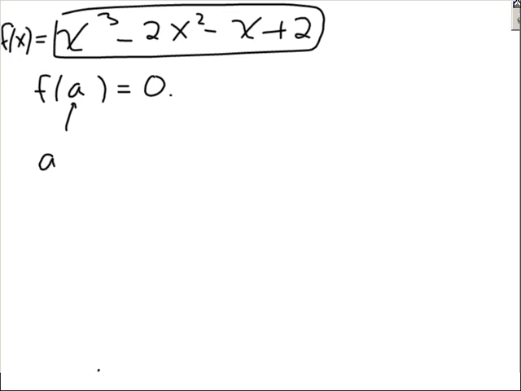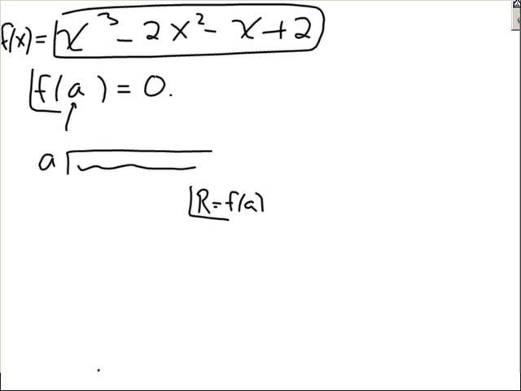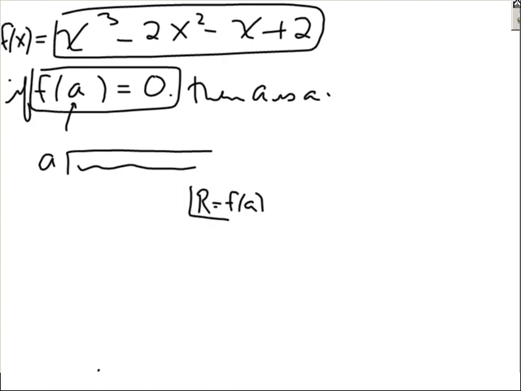I put the number in front, and then I look for my remainder. My remainder will be f of a. Now, if f of a is 0, then a is a root. In fact, that's the only time.